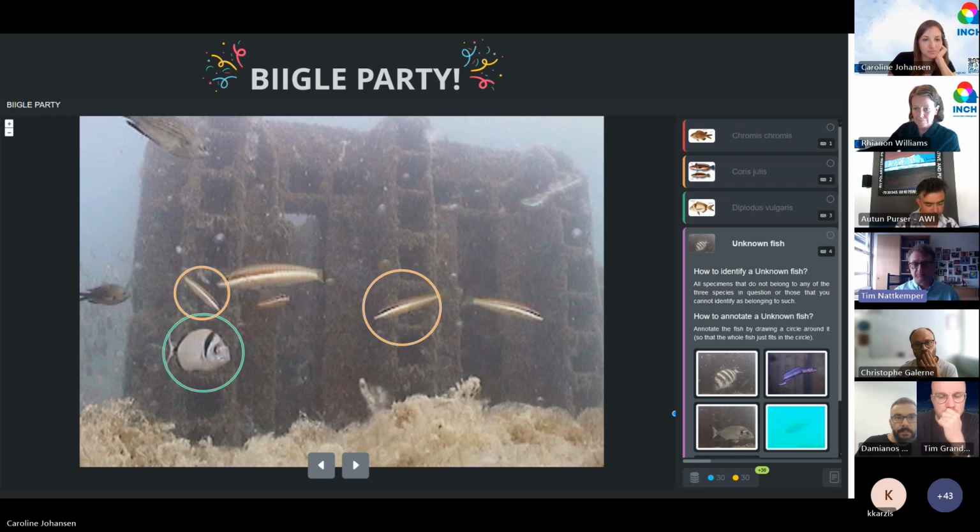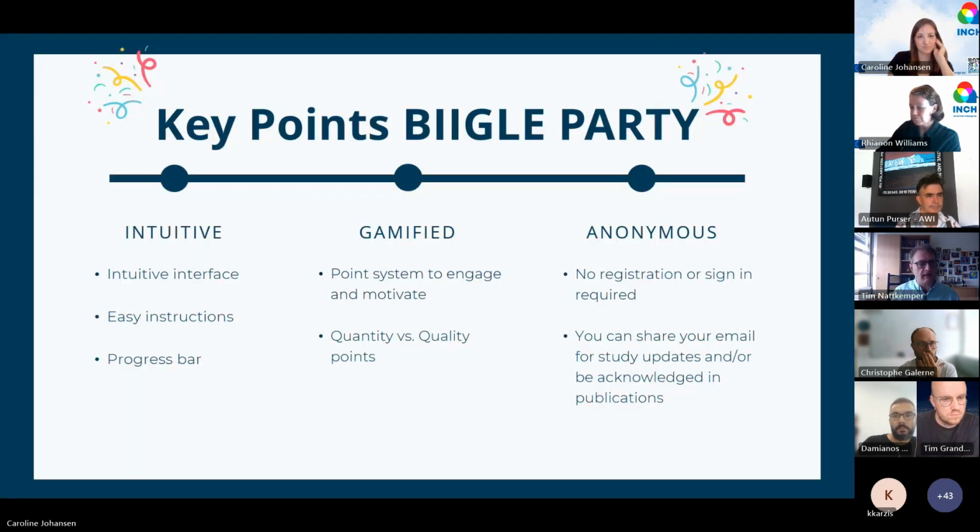And the big picture shows one image where the citizen scientist can annotate the different categories of fishes by drawing circles.